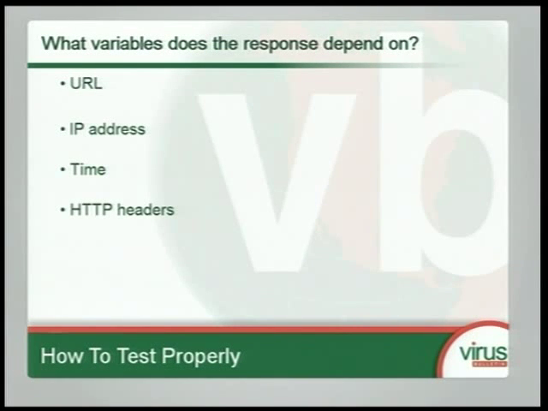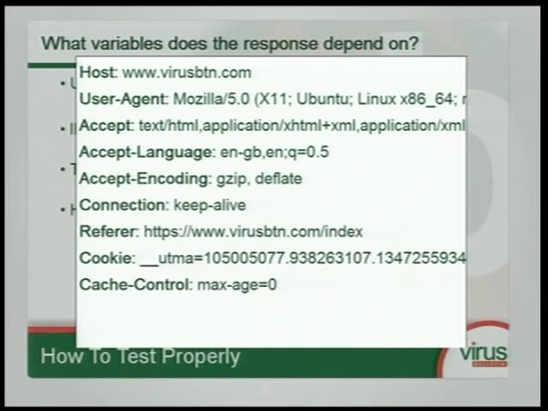Then there are the HTTP headers that are sent by the browser. Take, for example, the referrer header. It's quite common for attacks using search engine optimization to only redirect users to a malicious site if they came via a search engine or if they came via Google. And this is what the referrer header stores.